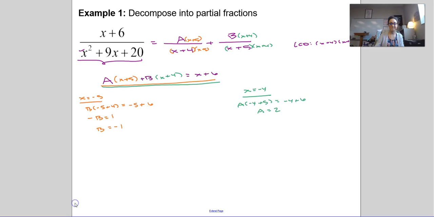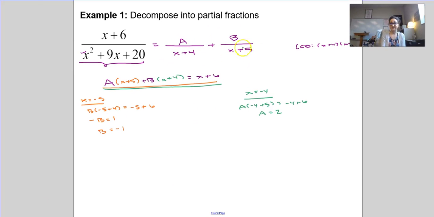So let's write our final answer. Come back to what we originally wrote in purple. Let me clean this up a little bit. All right, so I'm coming back to this fraction, and I found a. So I'm going to replace a with -2.